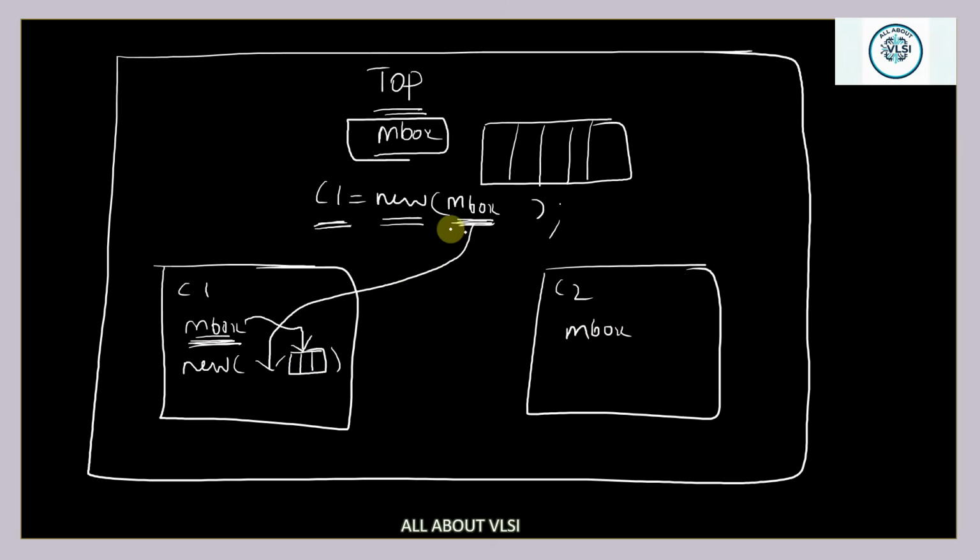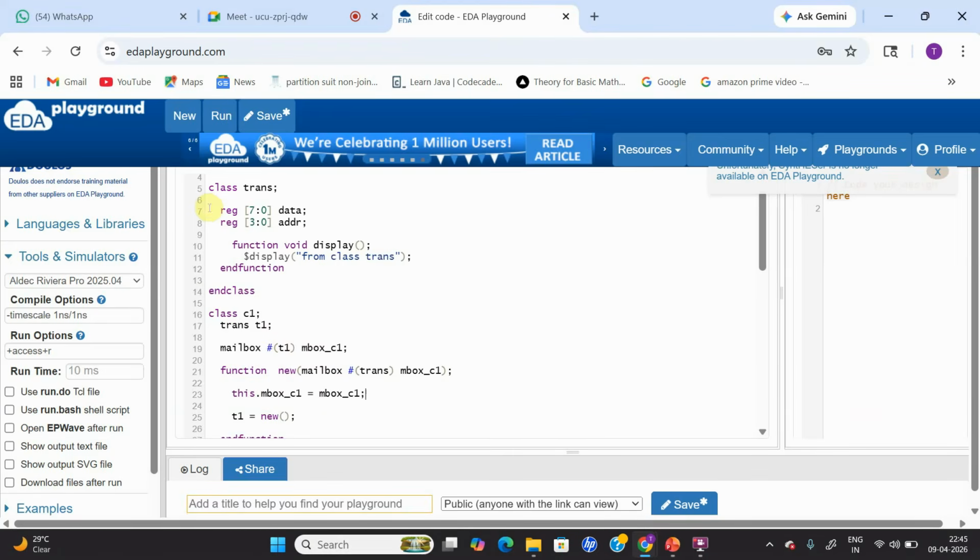The instance is created in the top so that it can be common to C1 and C2. And using the new method, we are also passing the same instance. So now the local handle which is present will be pointing towards the instance which we are passing, so that C1 and C2 are pointing towards the same instance which is created in the top module. That is what we are doing over here.